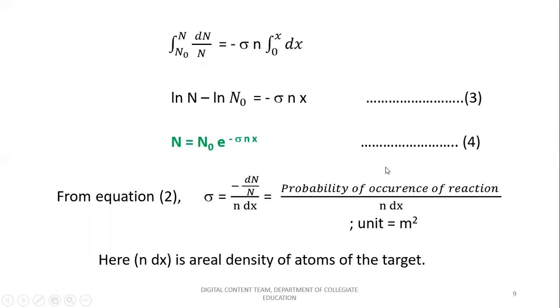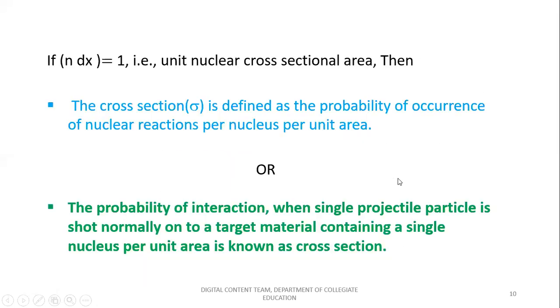So when we consider here in this expression n dx equals unit value, we can define sigma as the probability of occurrence of nuclear reaction per nucleus per unit area, or we can also define the nuclear cross section as the probability of interaction when a single projectile particle is shot normally onto a target material containing a single nucleus per unit area.